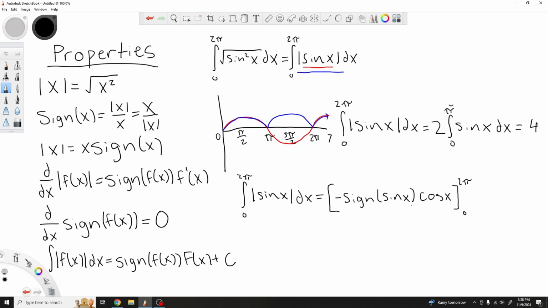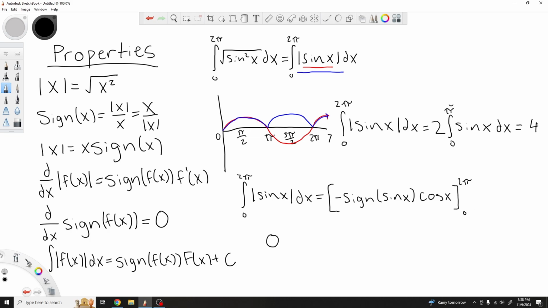Okay, so now let's plug these in. 2 pi going into sine of x is going to be 0. Sine of 2 pi is going to be 0, times cosine of 2 pi is going to be 1. 0 times 1, 0. Now let's plug in 0.